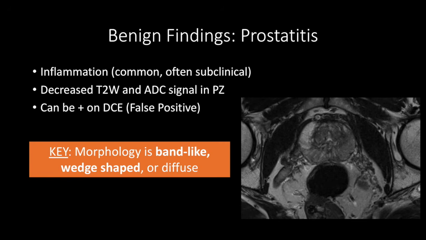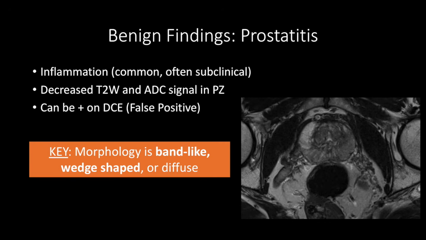But the key is that most prostatitis changes in the PZ are usually band-like, linear, or wedge shaped. So prostatitis is less often focal, round, oval, or markedly restricting. And although certain types of prostatitis can do this, if you see anything in the PZ that's focal, round, oval, or markedly restricting, you should never call it prostatitis.